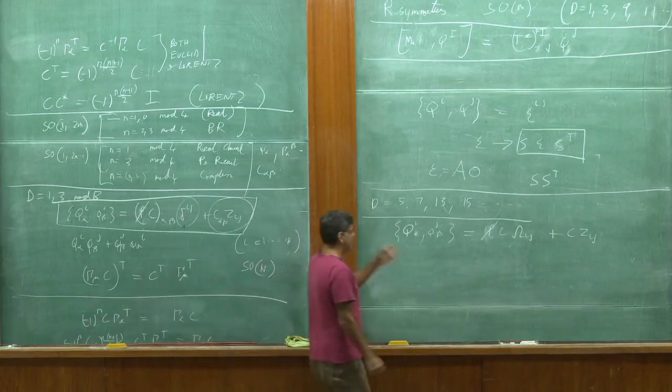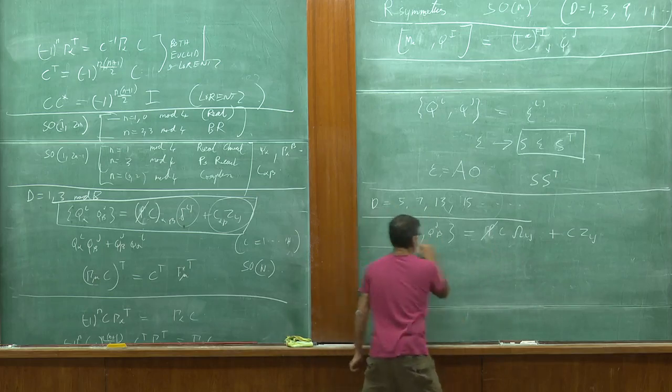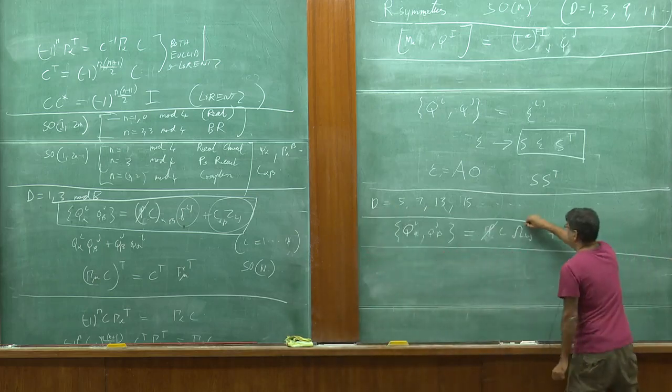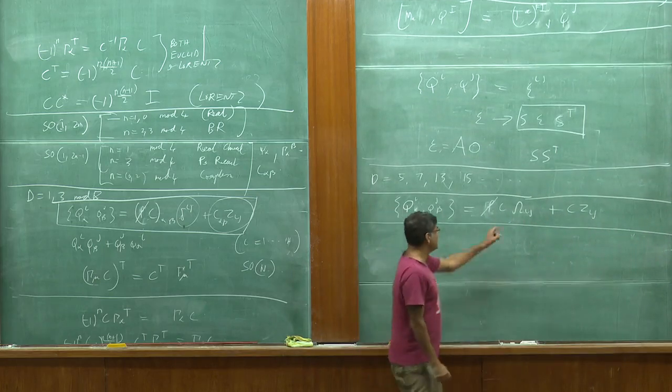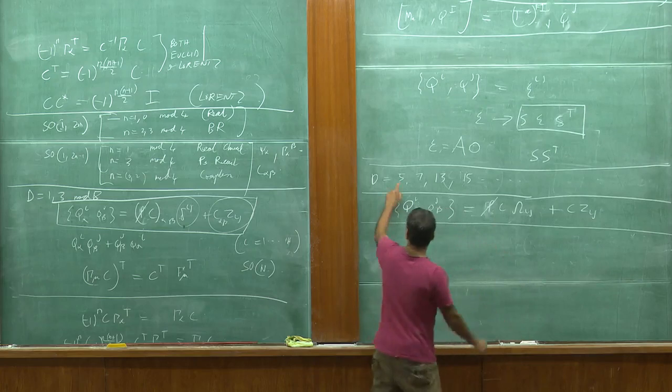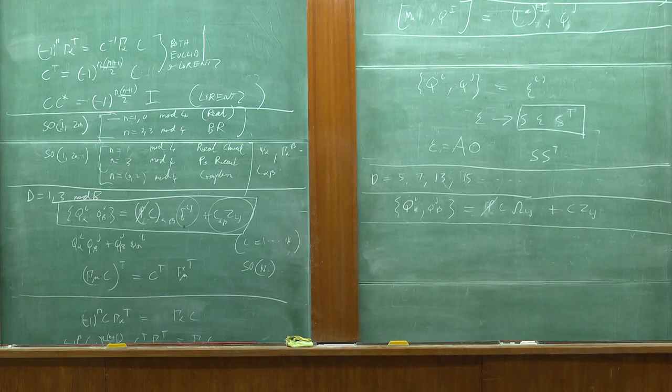Now what is this omega ij? This omega ij here is the following matrix. Remember that in these dimensions, what is different from D equal to 1, 3, and so on, is that our spinors cannot be completely real.